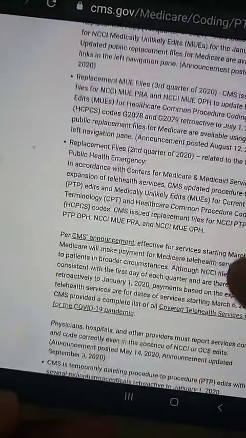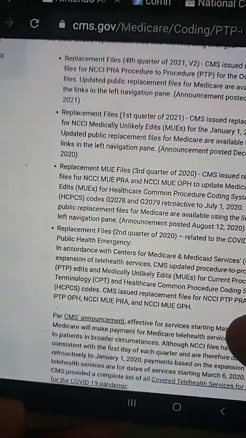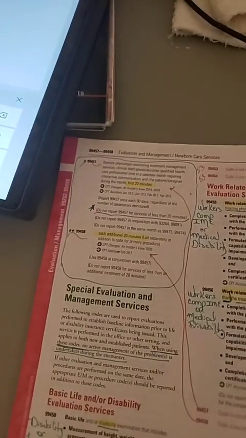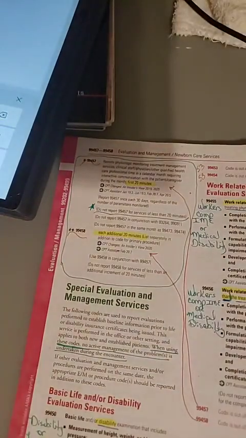Super high involved in the regulatory guidelines in all of this. It's nothing that you would need to know for the CPC exam.